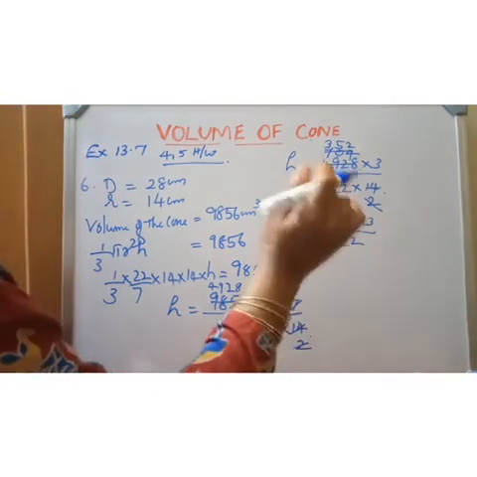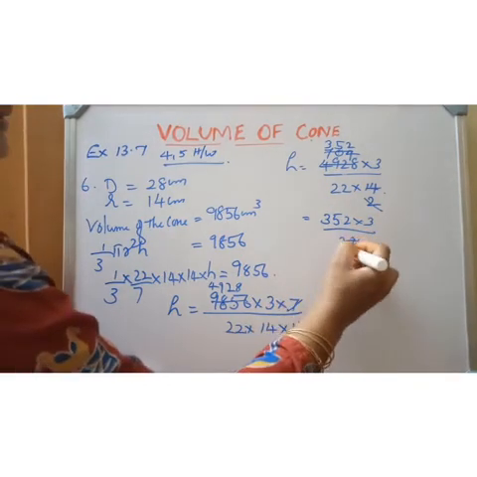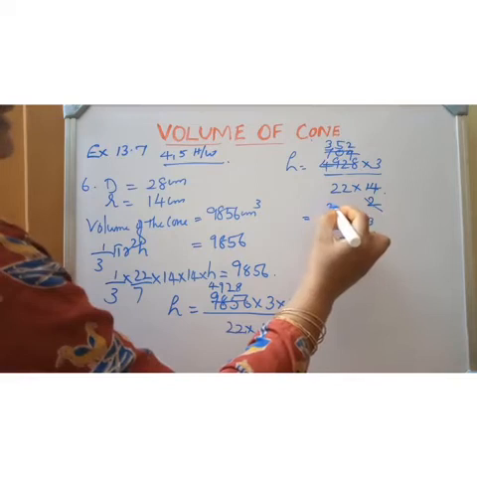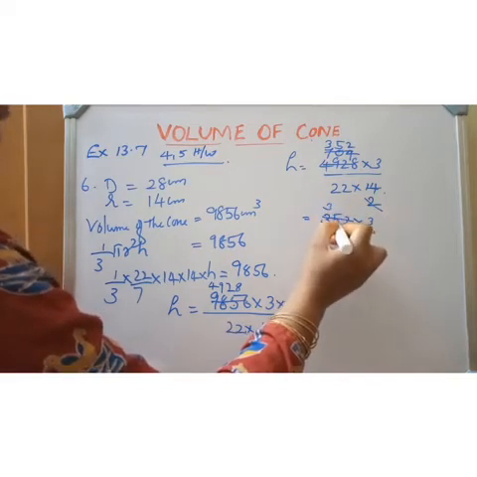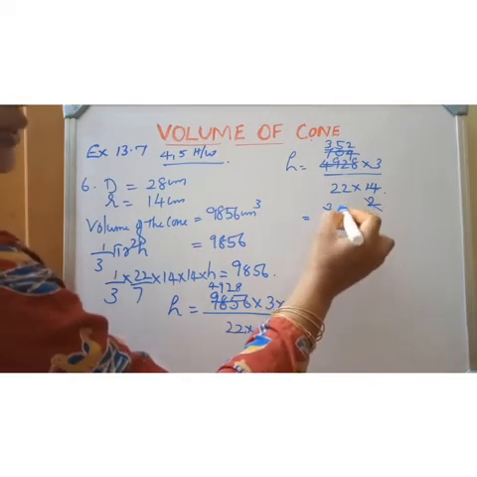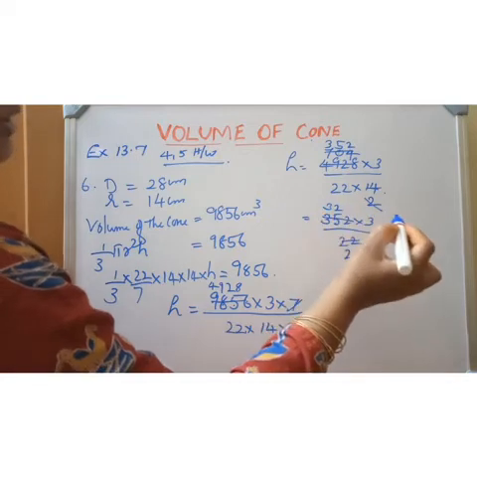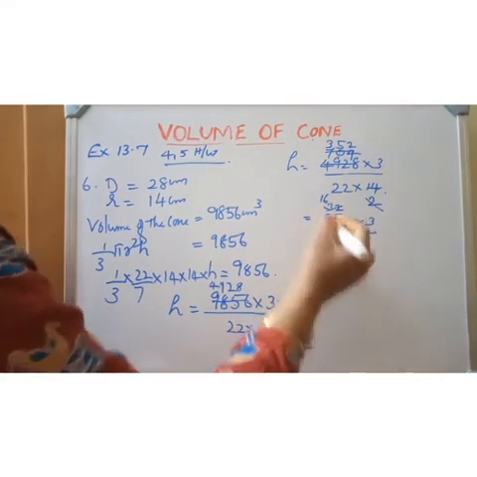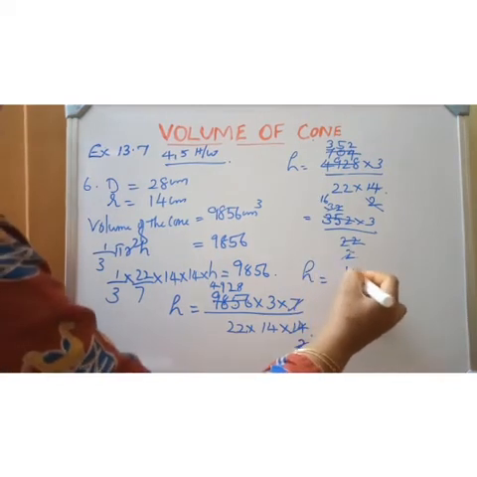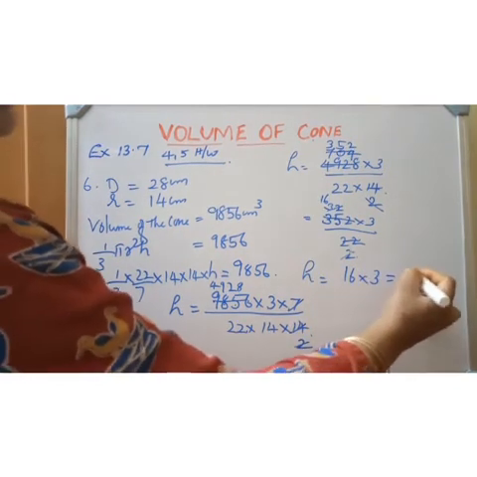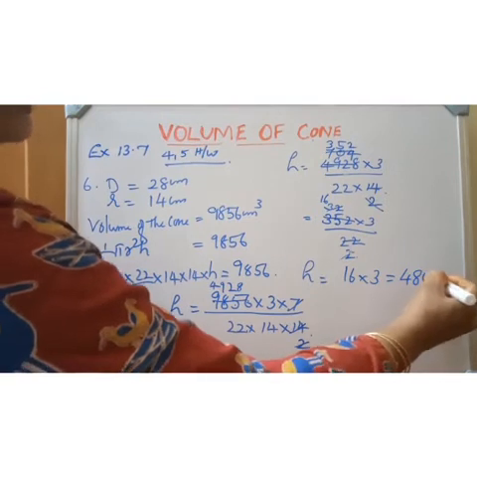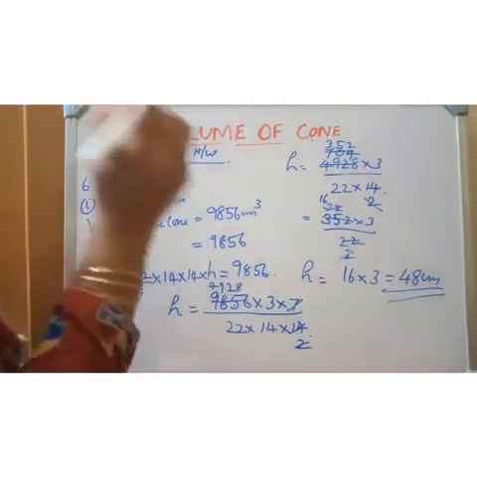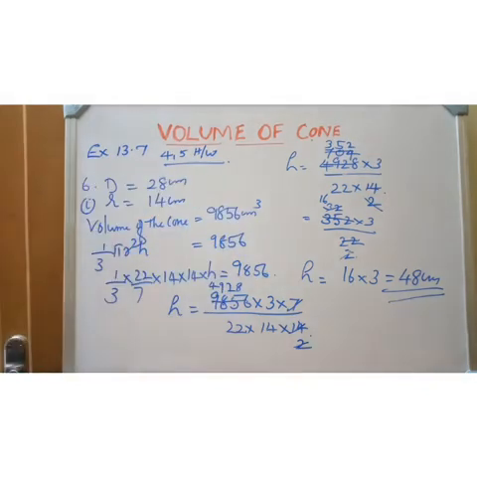So this I am cancelling with the 11 table. 2 11s are 22. 3 11s are 33. 22 divided by 11 is 2. Again 2 I can cancel 16 times. So h is equal to 16 into 3. That is h is equal to 48 centimeter. So the first part of the question, find the value of h, that is over.